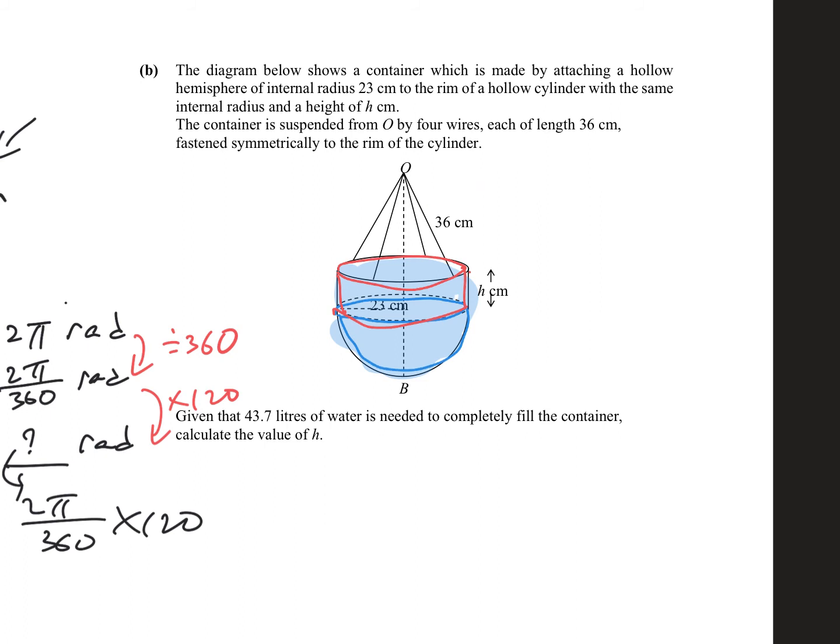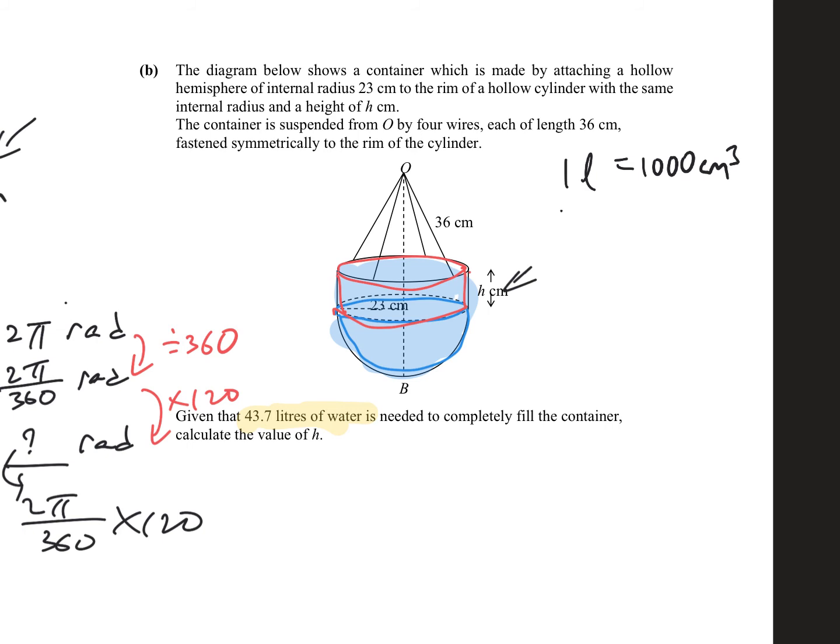Okay, so first step, we look at 43.7 liters of water. So what we have to do, actually, we don't like liters. All this is in cm. So actually, we have to know this fact that 1 liter is actually equals to 1,000 cm cube.